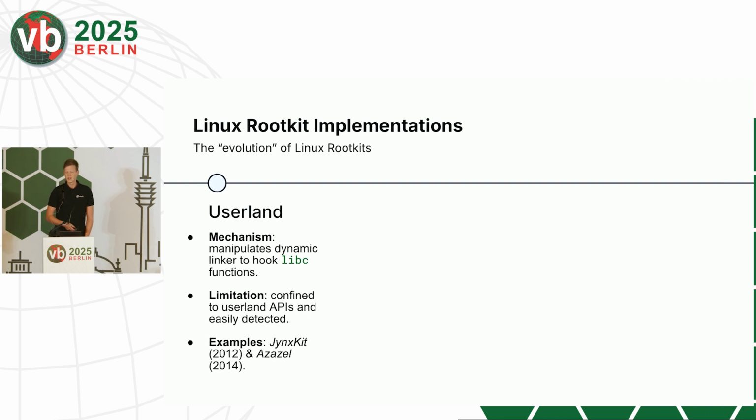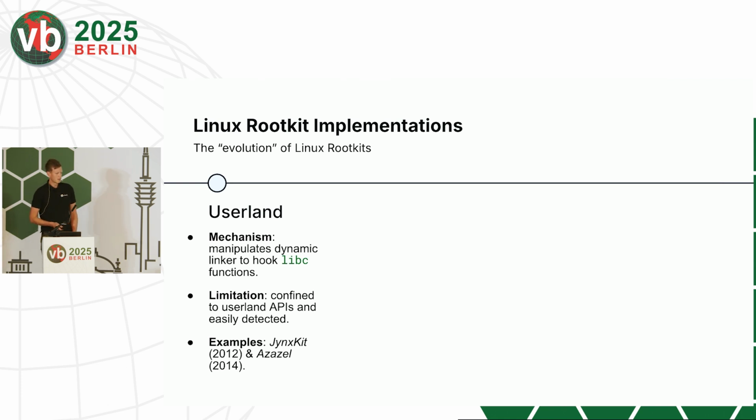By doing that, they can hook userland libc functions and use that to hide processes, files, network connectivity, and other events. Depending on the injection technique, a userland rootkit can run either for a single user or system-wide. They're still effective and in use today, but the limitation is that if you use any statically compiled binary, you will easily spot these rootkits. So they're quite simple to detect.